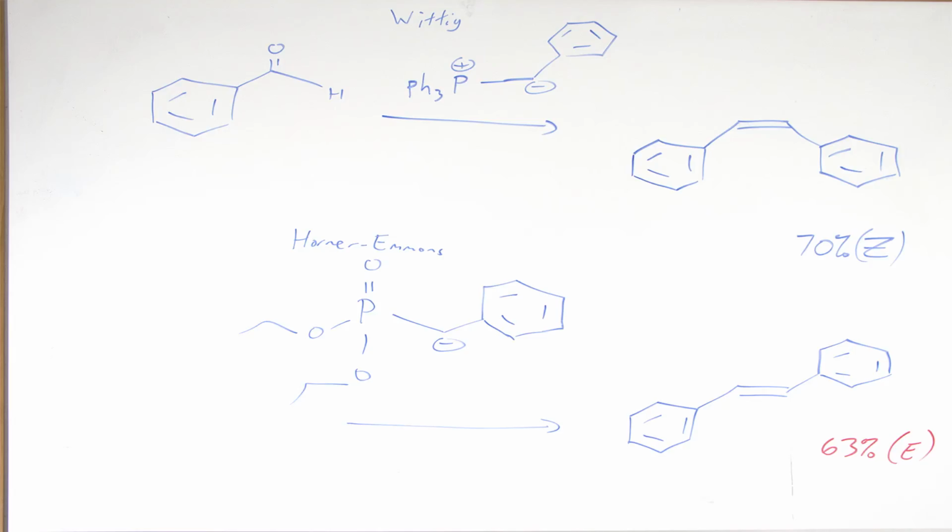Horner-Emmons conditions tend to favor the E. So in this exact example, we end up with, they didn't say whether this is yield or whether this is ratio, so I don't know the answer to that, but it's interesting either way. 63% of the E isomer. Completely different preference from the standard Wittig conditions.